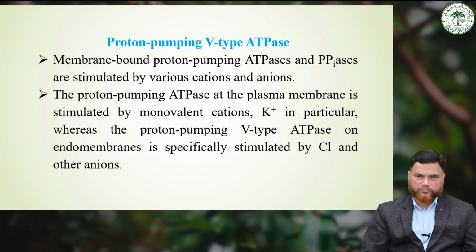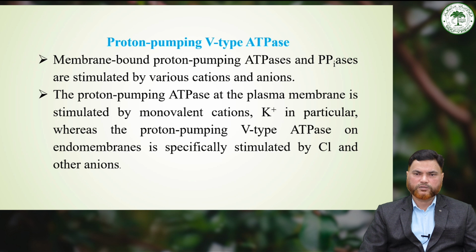Various cations and anions stimulate membrane bound proton pumping ATPases and various pyrophosphatases. The proton pumping ATPases located in the plasma membrane are generally activated by monovalent cations, with potassium ion being particularly effective.